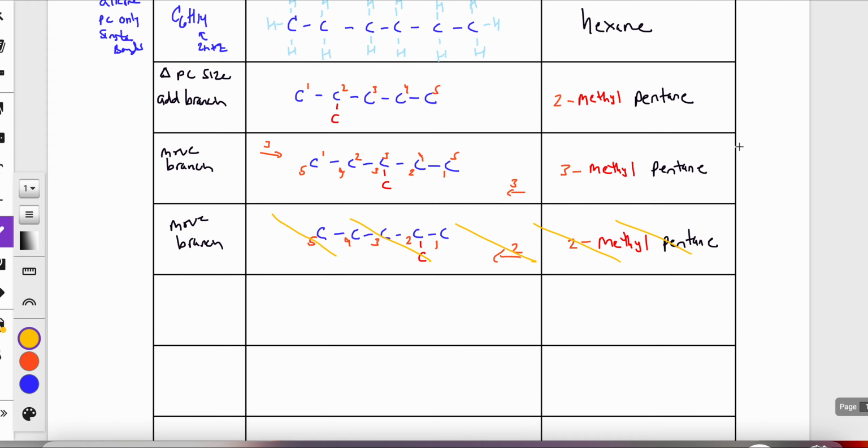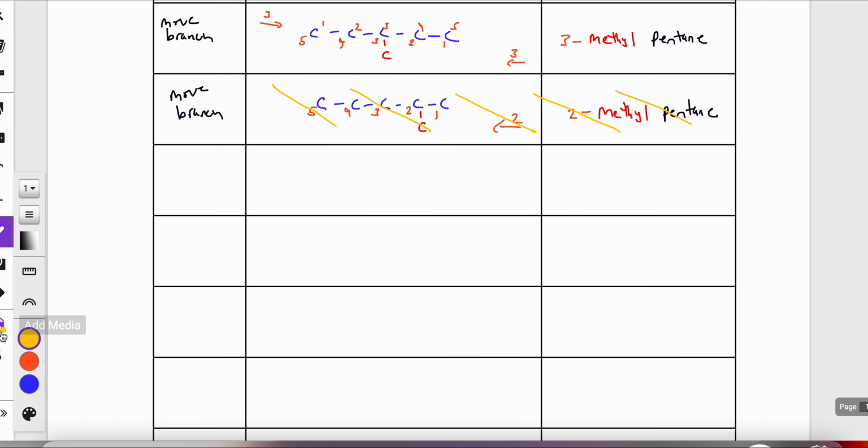If I have to produce some more isomers, the next step is that I've done everything I can do with a 5-carbon parent chain. So now I'm at the point where I need to change the parent chain size again. I'm going from 5, I've got to go down to 4. And remember, these are alkanes, so we can only use single bonds.